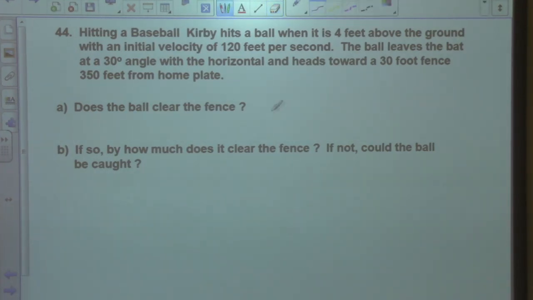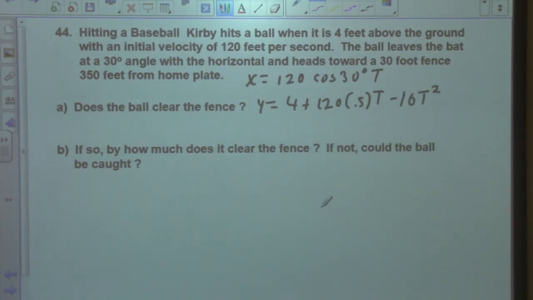Go ahead. x equals 120 cosine 30 degrees t. Okay. And then y equals 4 plus 120 sine 30 degrees t minus 16t squared. Okay.